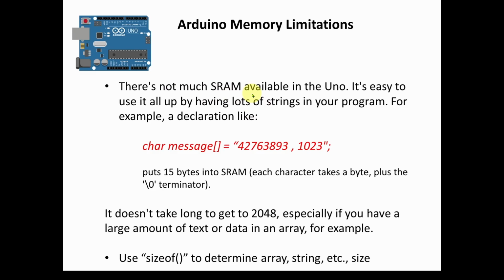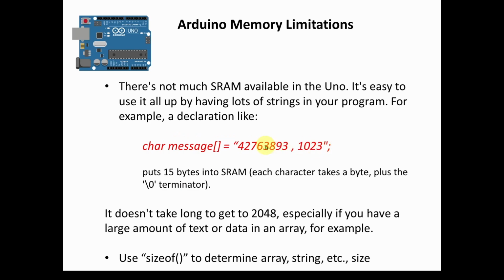So again, there's not much RAM available to the Uno. It's easy to use it up by having lots of strings in your program, for example, or big arrays of data. For example, a declaration like this, if we have an array of characters or a string that looks like this, each number is going to take some memory, of course.